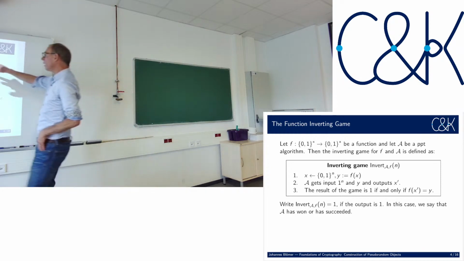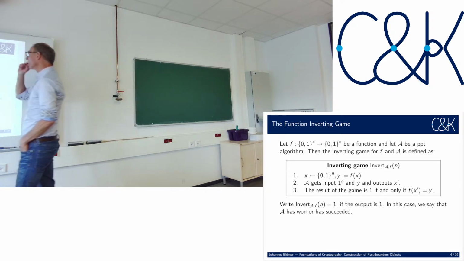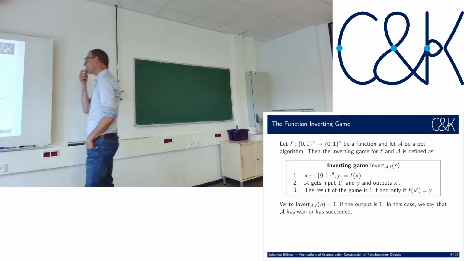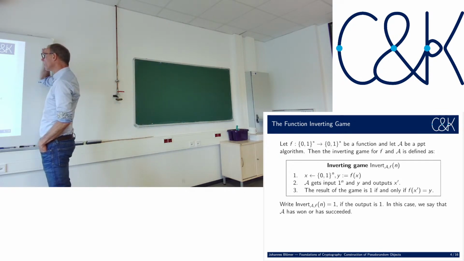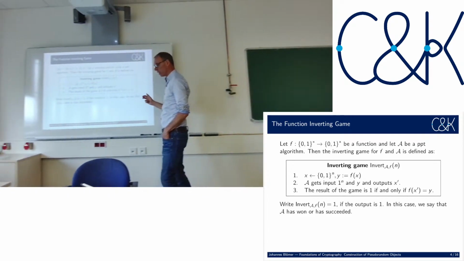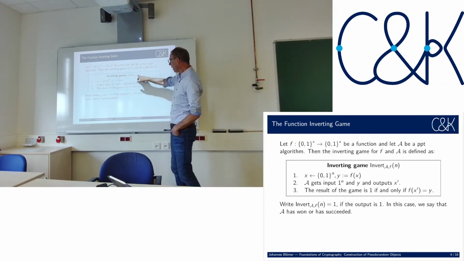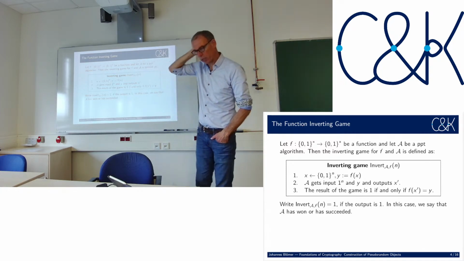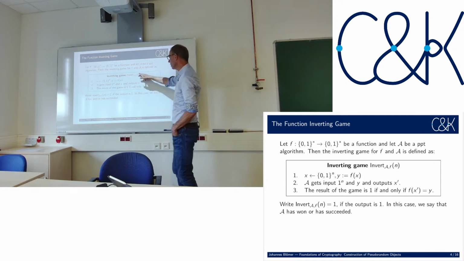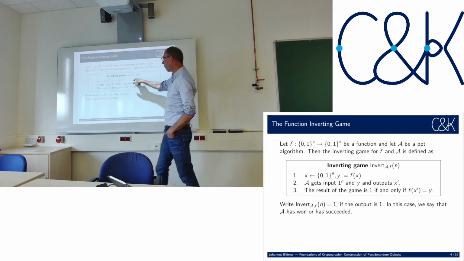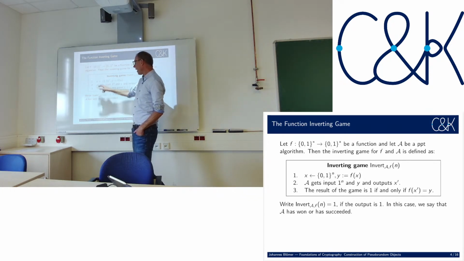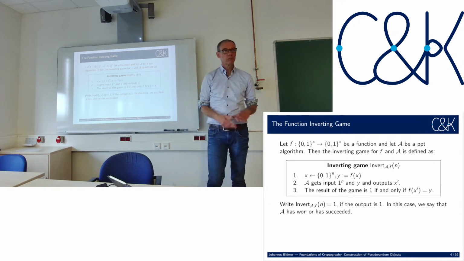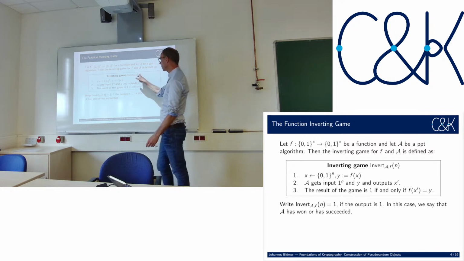So in addition to this function f, we also have a PPT A, the adversary, and the inverting game for f and A is defined as follows. On input n, the so-called security parameter, but in this case it has a slightly different meaning, we pick an element x uniformly at random from {0,1}^n.